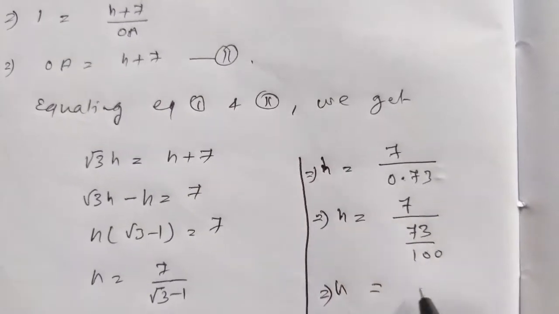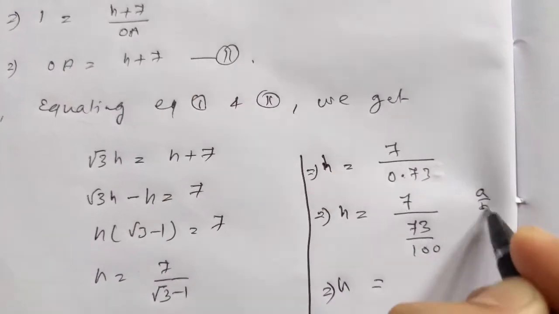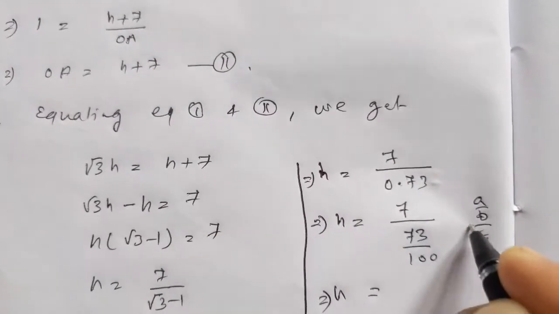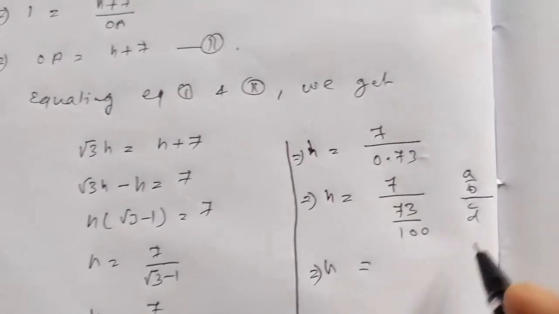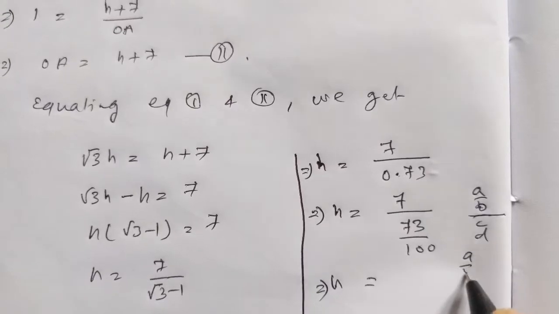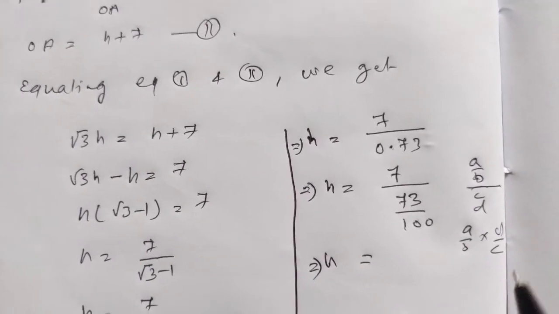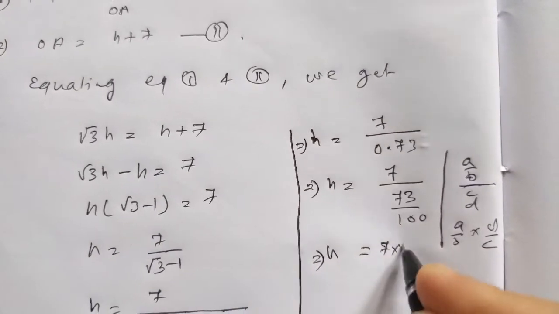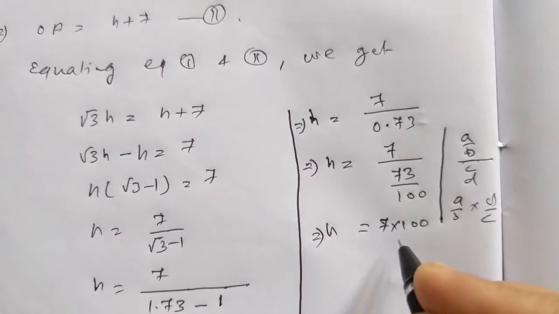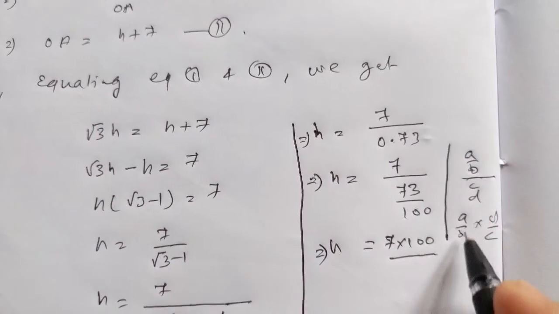So H is equal to 7 by 73 by 100. This is of the form A by B by C by D. In this case you can write A by B into D by C. You can use this formula. So 7 into 100, the D multiplies with A, and in this case B is 1.